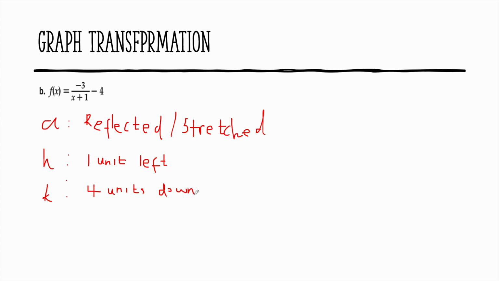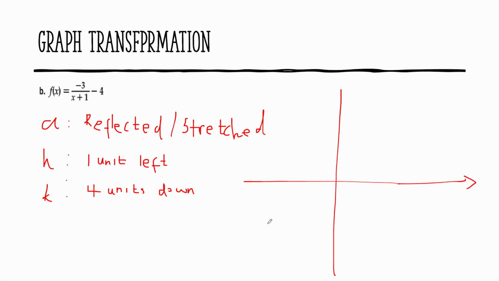Okay. Now the domain and the range is all real numbers for domain, but not 1. And all real numbers but not 4. Not -4, okay? So let's draw our graph.